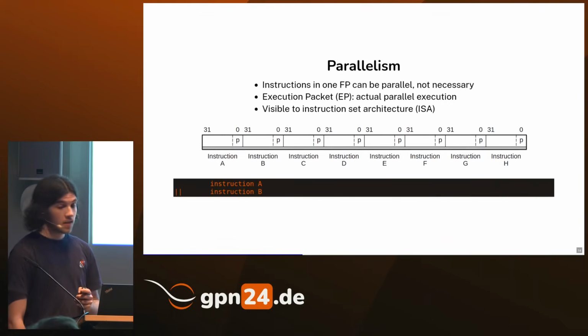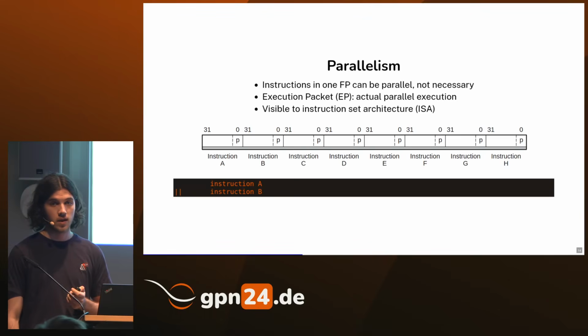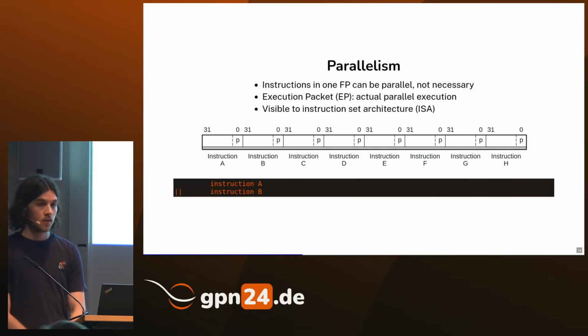We don't always have fully parallel execution, of course, because of data conflicts, wiring conflicts, and so on. But in the encoding, we already say which instructions will execute in parallel. That is decided at compile time. And the instructions that will actually execute in parallel are called an execution packet. So that's any subset of a fetch packet.